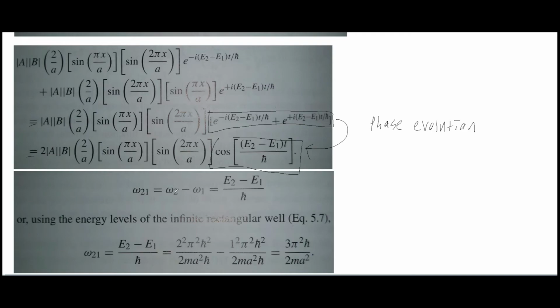And so down here, this is telling us the angular frequency, and this is just looking at the inner term, or the argument of the cosine here. Using the energy levels, E2 minus E1, we have the n equals 2 minus the n equals 1 here, and 2 squared is 4 and 1 squared is 1, so that gives us 3.